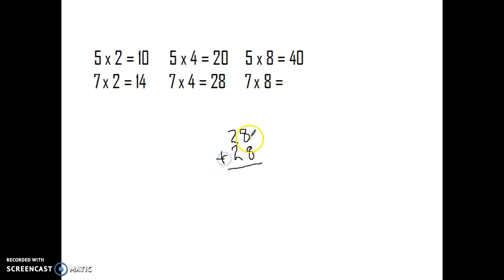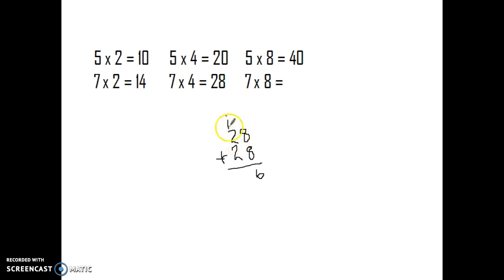And 28 doubled. I like to do this in my head, but I want to show you what I'm thinking. 8 plus 8 is 16, but I can only put 1's in this place. So that extra 1 from 16 I'm going to regroup up here, and I need 1 of the 10's up here. So a 10 up here plus a 6 there, that is a total of 16. So my 16 didn't go anywhere, I just had to move it over.